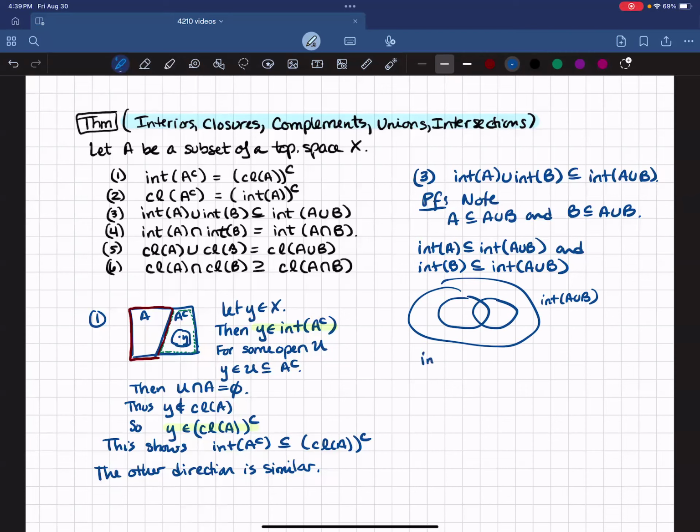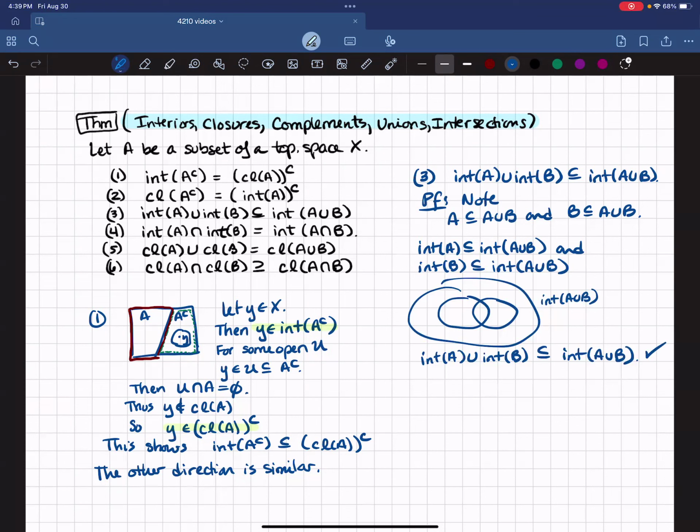So the interior of A union the interior of B is a subset of the interior of A union B. Okay, so that proves it.